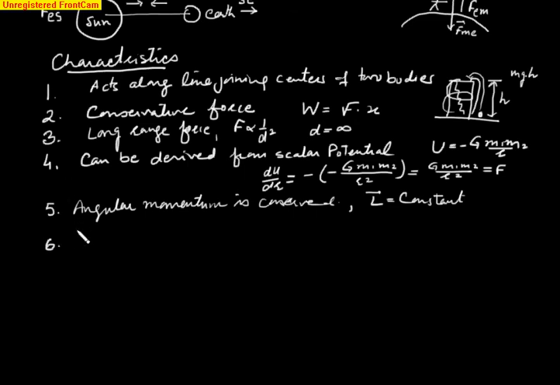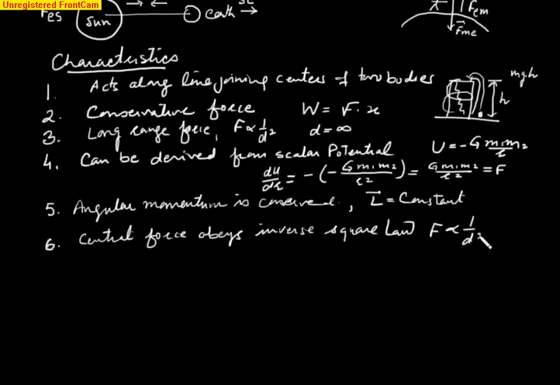Then the next characteristic which we can mention here is that central force obeys the inverse square law, which means that if distance is increasing, then this force decreases with the inverse square of the distance between the centers of the two bodies.